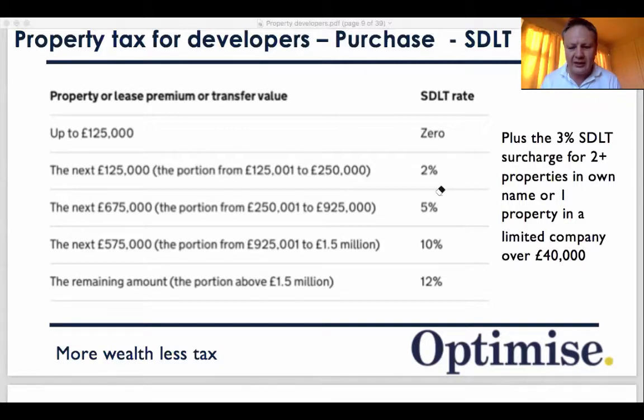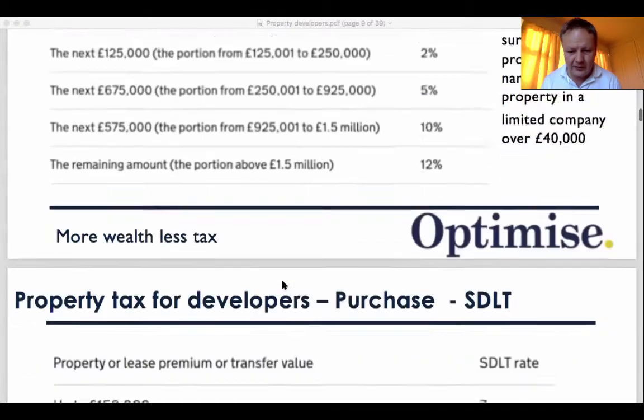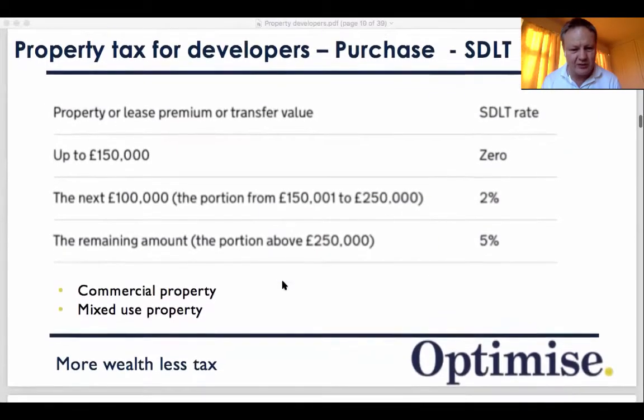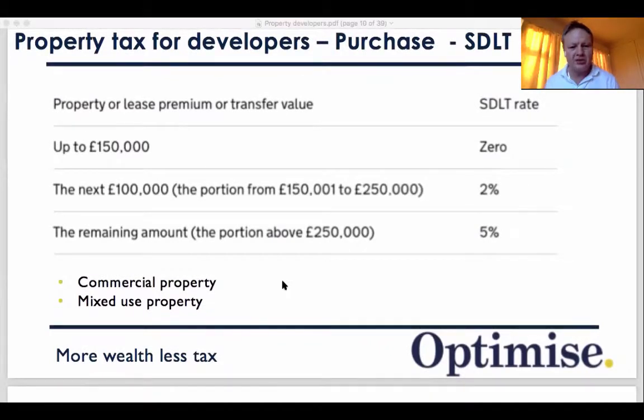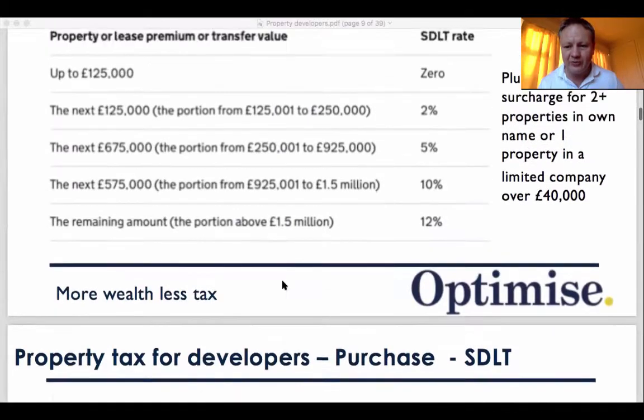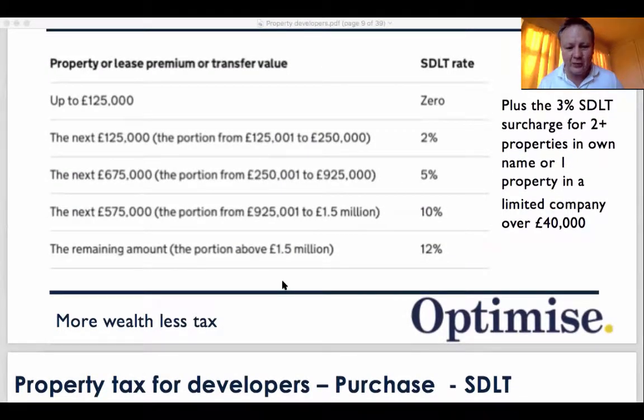But conversely, if we look at SDLT rates for mixed use or commercial property, the SDLT rates are very much more favorable now, where a property value over £250,000 is only going to be subject to a 5% SDLT charge, which is significantly cheaper than what the previous slide was showing, 12% plus the 3% over 1.5 million.